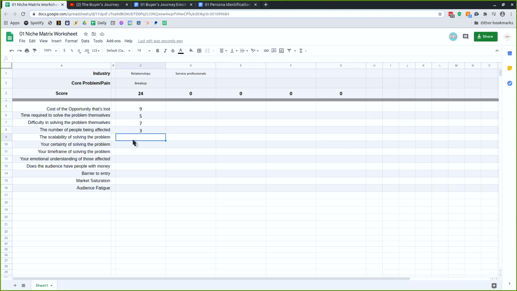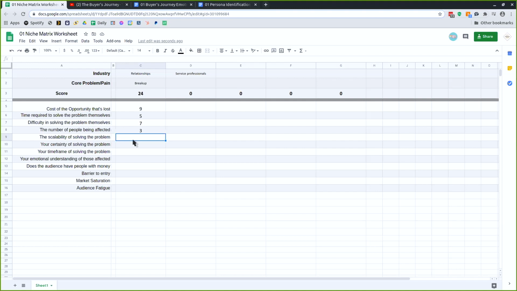All right. So the scalability of solving the problem. What I'm referring to here is that if we craft some kind of offer, how scalable is it that you would actually be able to solve this? If you have to spend 30 days straight with every individual every hour of the day, that's not very scalable. You have to hire somebody and hope that person is going to be able to get the kind of results that you're able to get.